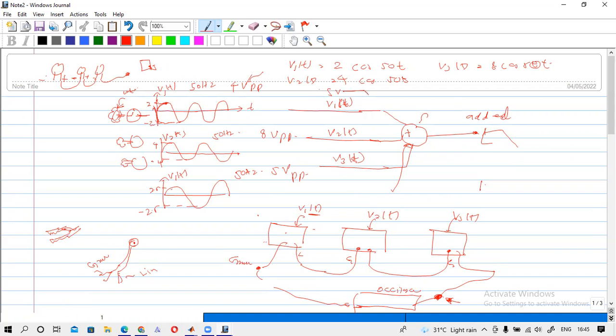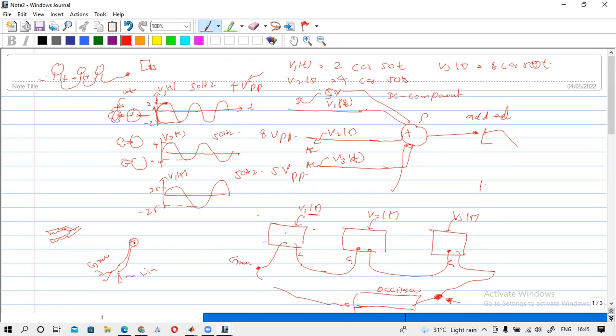So I have this 5 volts also. What is this? These are AC voltages at some frequency, and this 5 volts is constant, so it is a DC voltage. So it is a DC component.